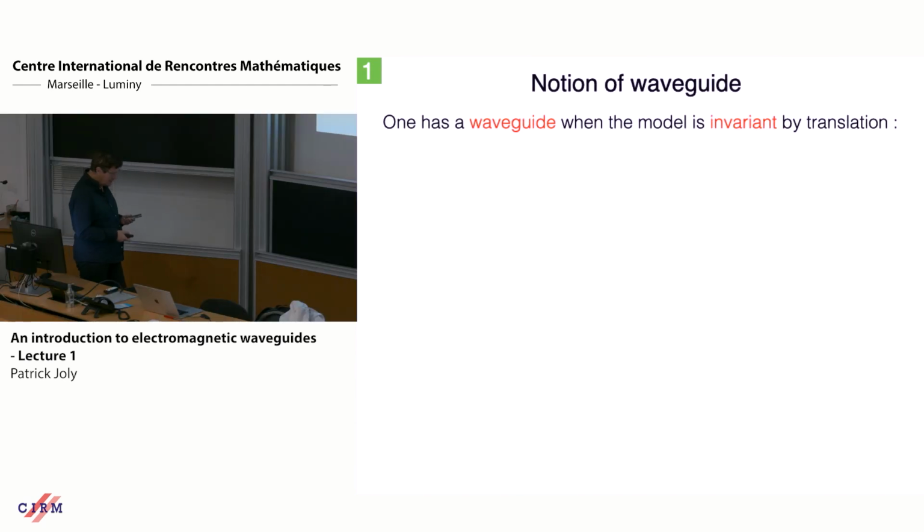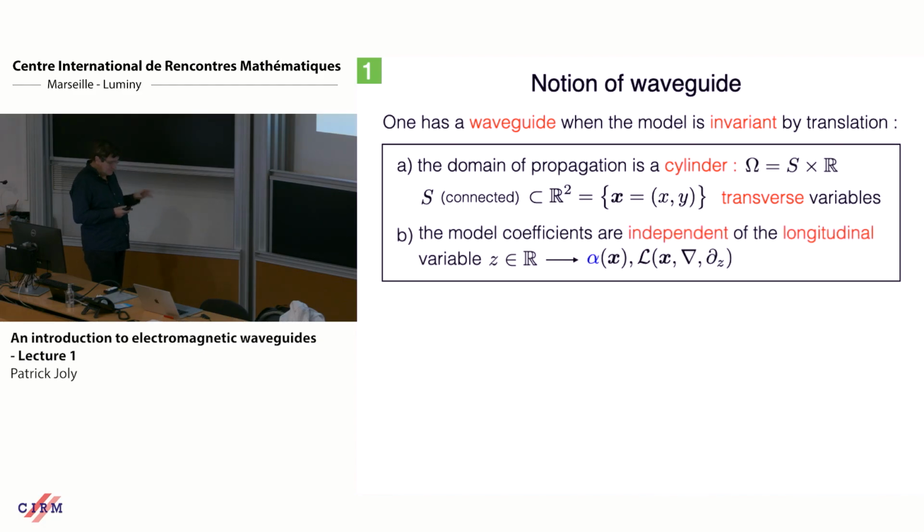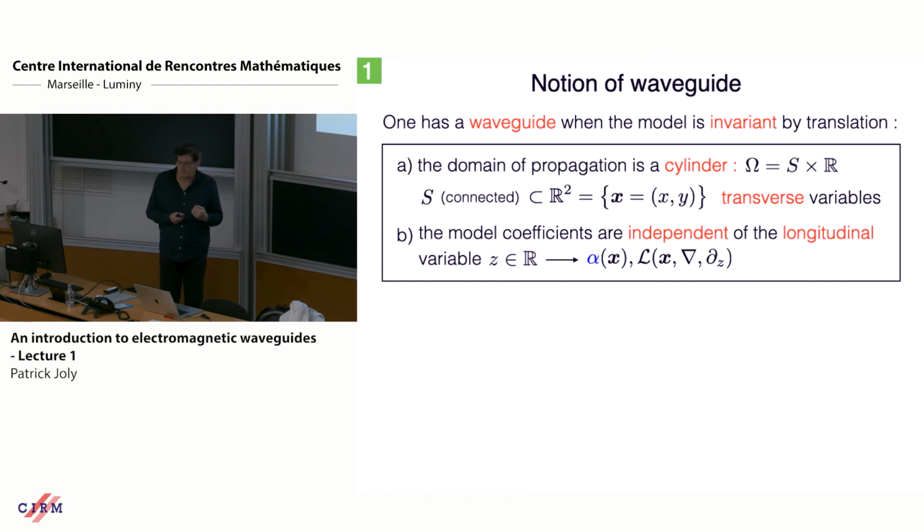Okay, so I will say that I have a waveguide if the model is invariant by translation, which means two things. First, the geometry of the domain of propagation omega is supposed to be a cylinder. So I consider a perfect waveguide with cross-section S that I will suppose to be connected without loss of generality. The second requirement is that the coefficients of the model are also independent of the direction Z of the cylinder.